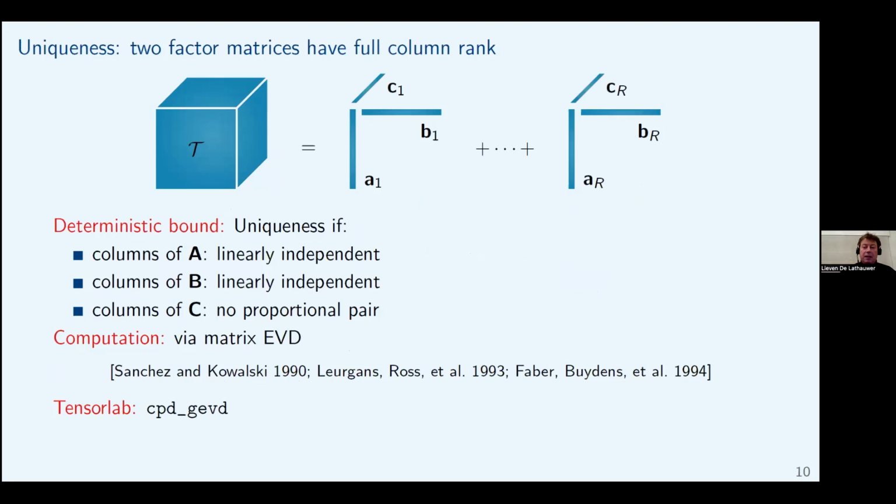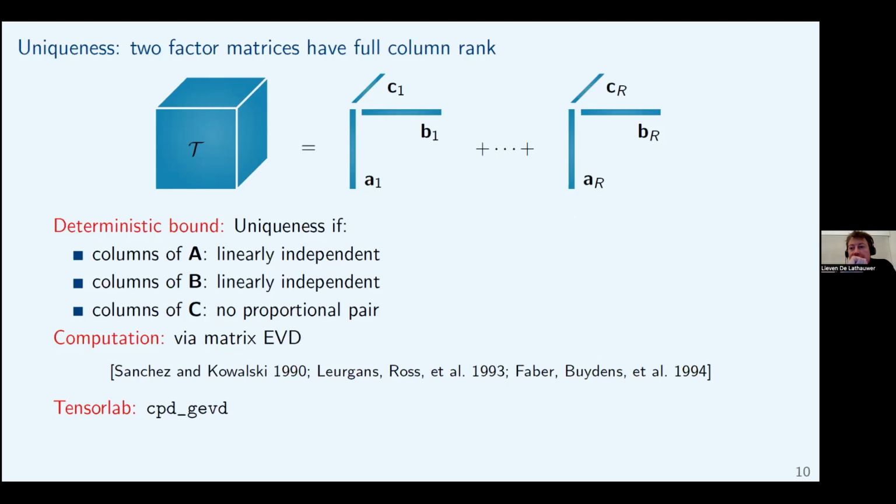And over the years, by now you can say over decades, people have been studying this CPD under milder and milder conditions, proving more and more general scenarios, larger and larger ranks, and deriving mild conditions under which the decomposition is unique. This is actually still an ongoing story. It's not 100% understood yet, but a vast area has been covered, but not everything.